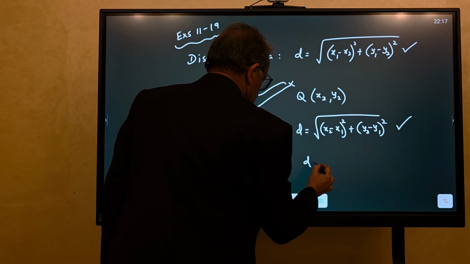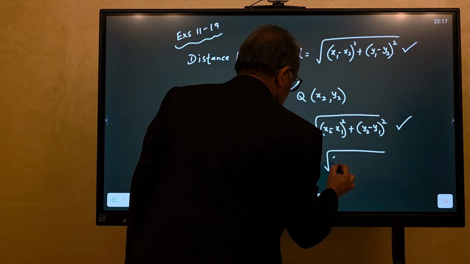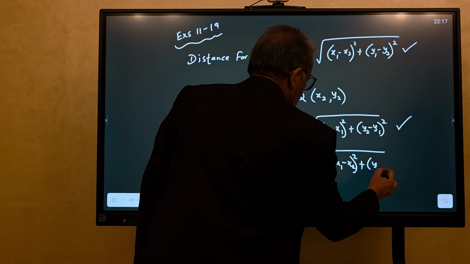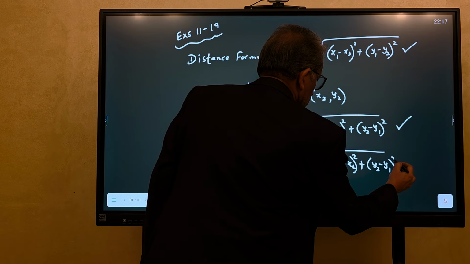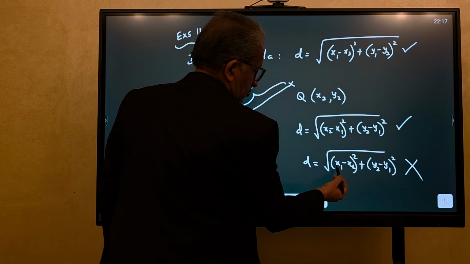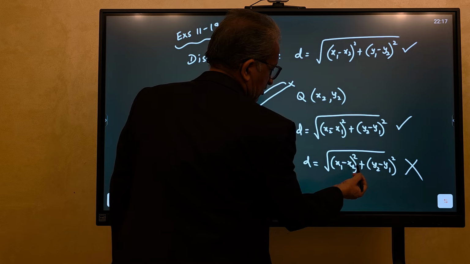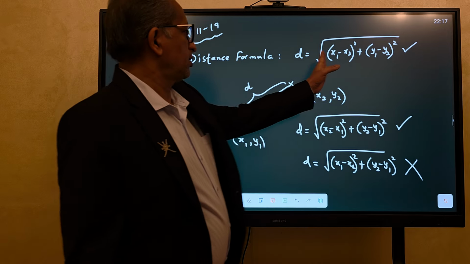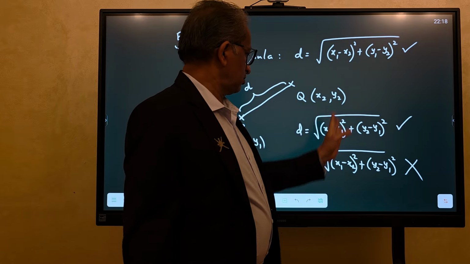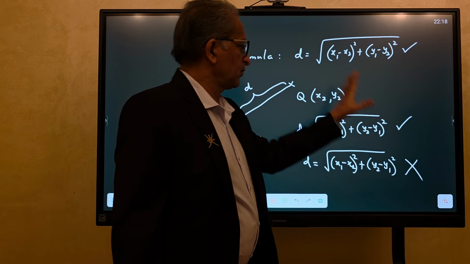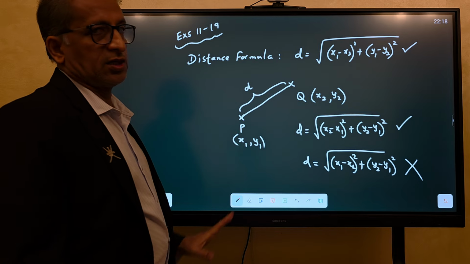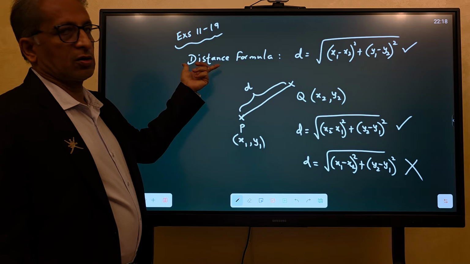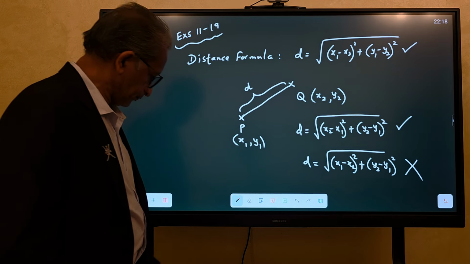So don't write (x1 minus x2) square plus (y2 minus y1) square, because you are taking x1 and x2 first, and here you are taking y2 and y1, then it is wrong. Either you take x1 x2, y1 y2, or x2 x1, y2 y1. By both formulas you will get the same answer. That is what is called the distance formula.